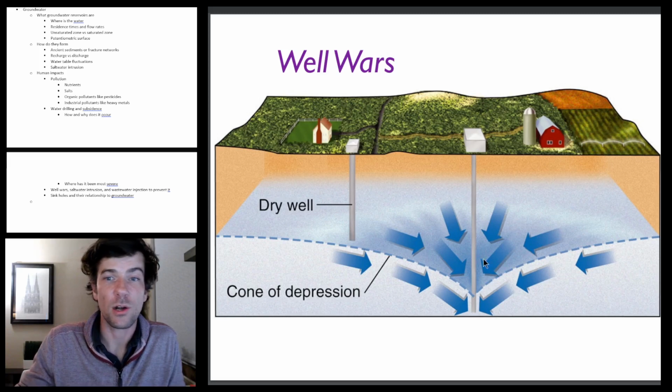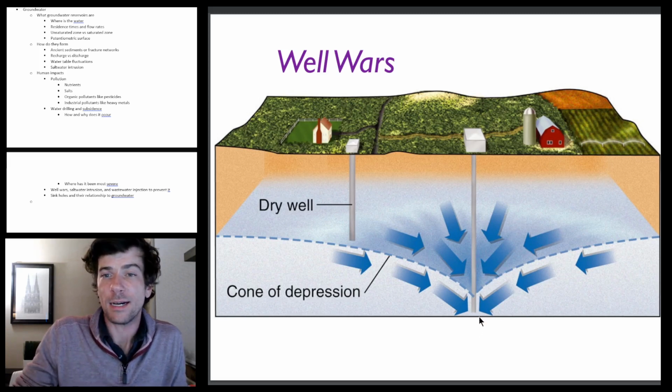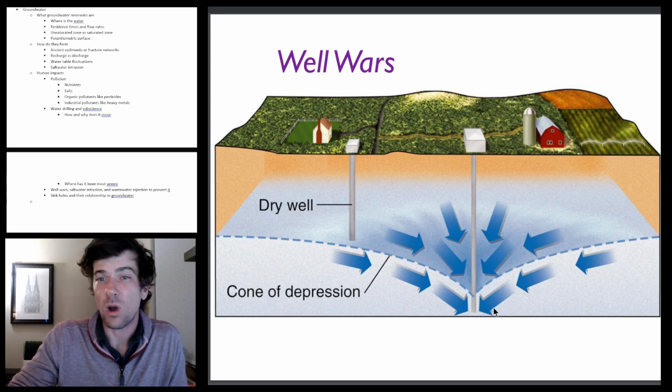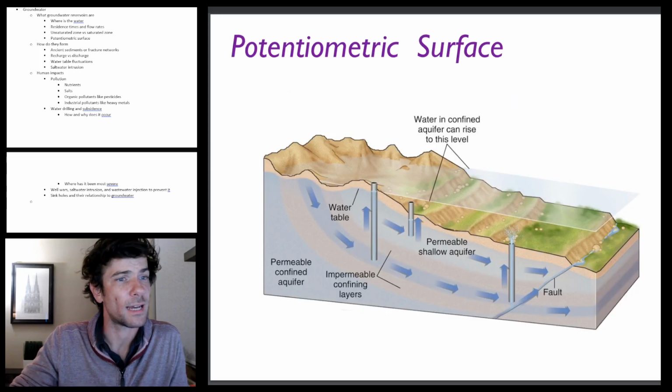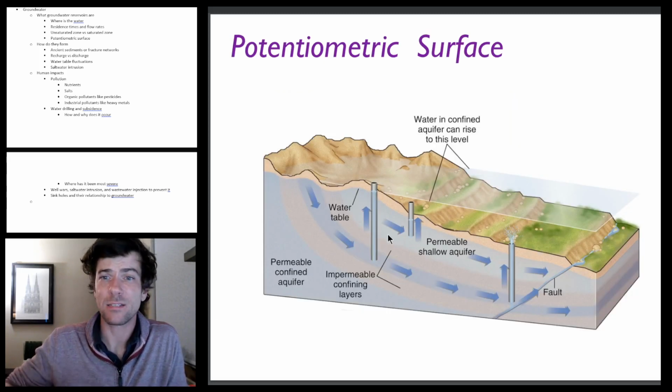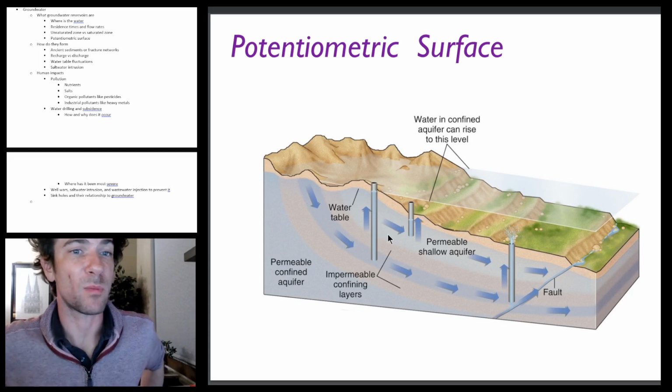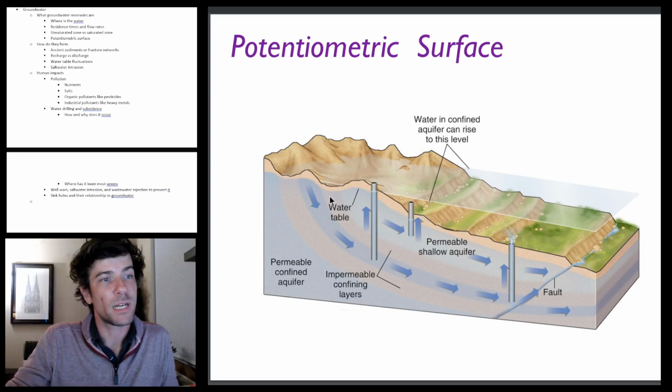You can run out of water and have to drill a deeper well. Eventually, you might hit salt water down there. It can also lead to a lot of subsidence as the ground compacts when you take that water out. That can be problematic.